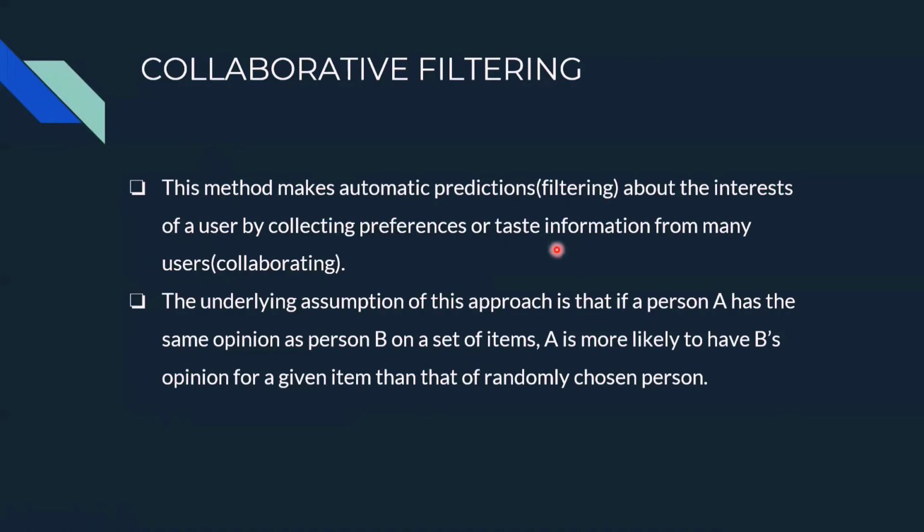It's obvious, right? If two persons have similar thoughts, and person A likes an item that person B has not seen, it's more likely that person B also likes it than a randomly chosen person would.